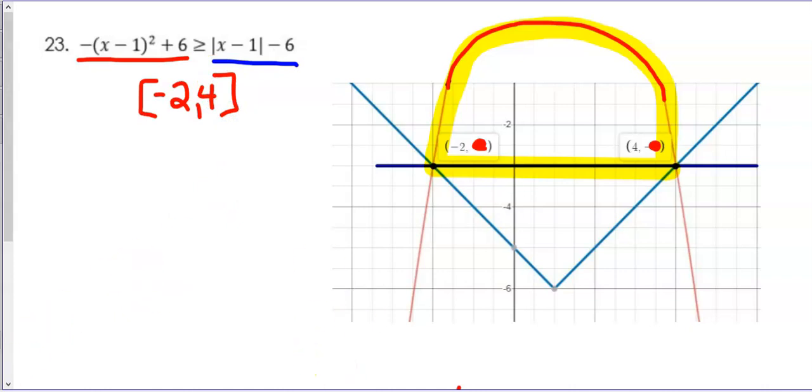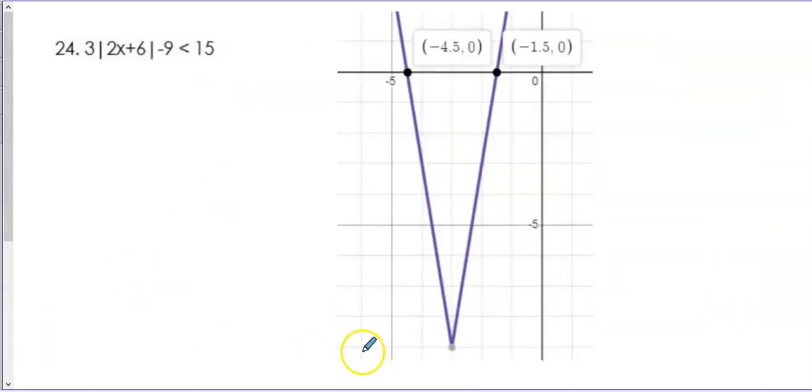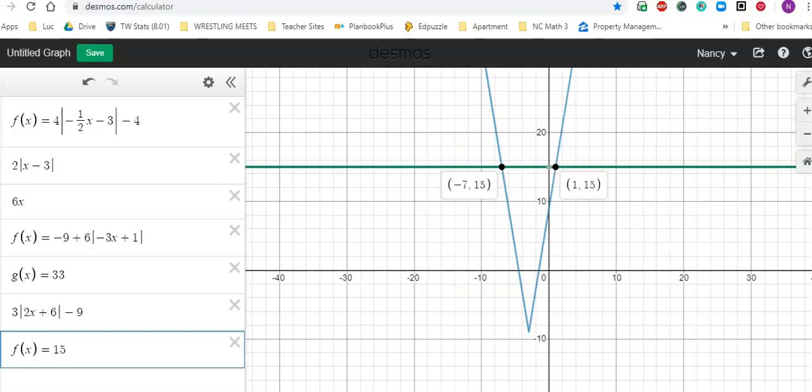Okay, 24. So this is another inequality. So I had entered something wrong. I'll try to cut that part out, but I had entered something wrong, I guess, when I graphed them the first time. So I think I have it right now because it matches my key also. So what I'm looking for is the section of the blue graph that is below the green.